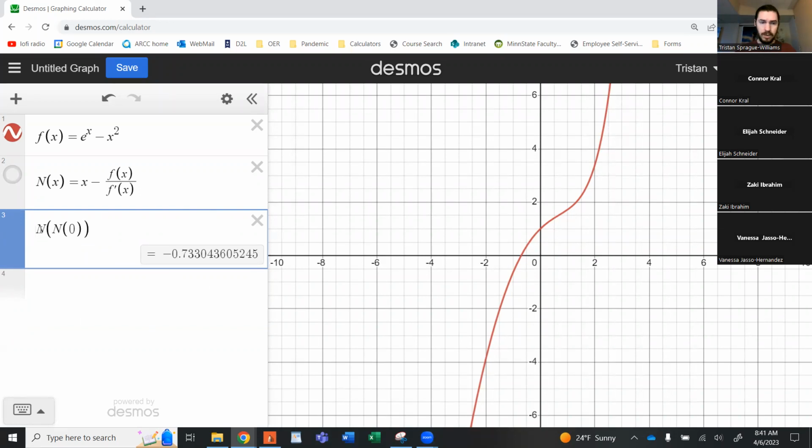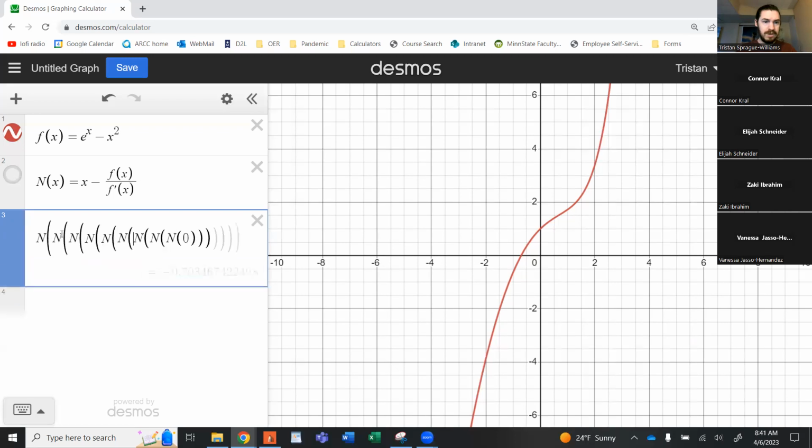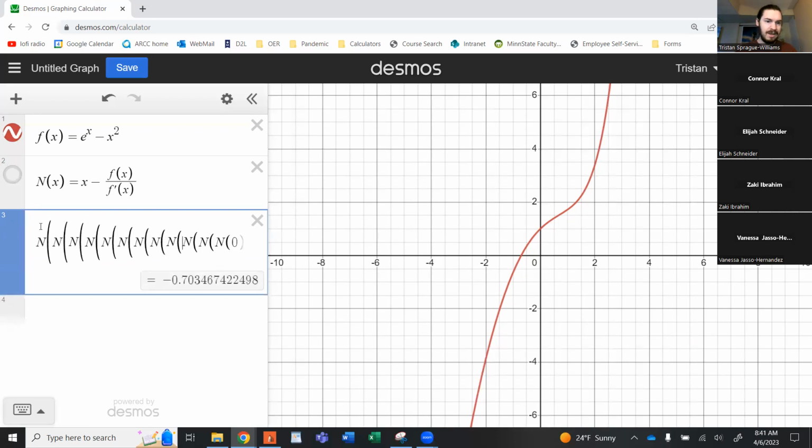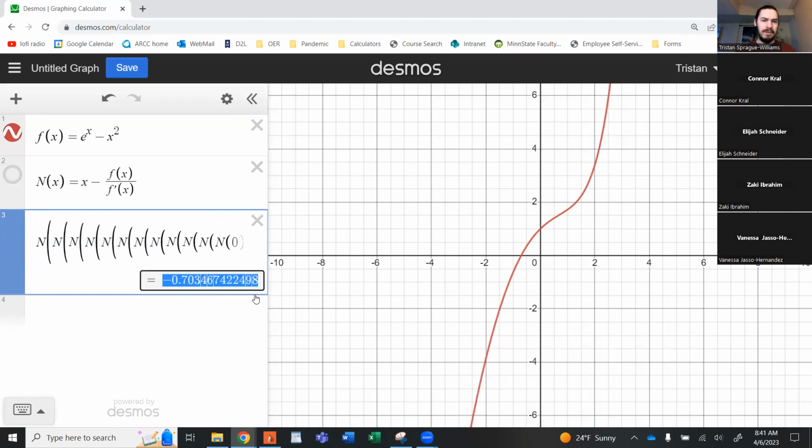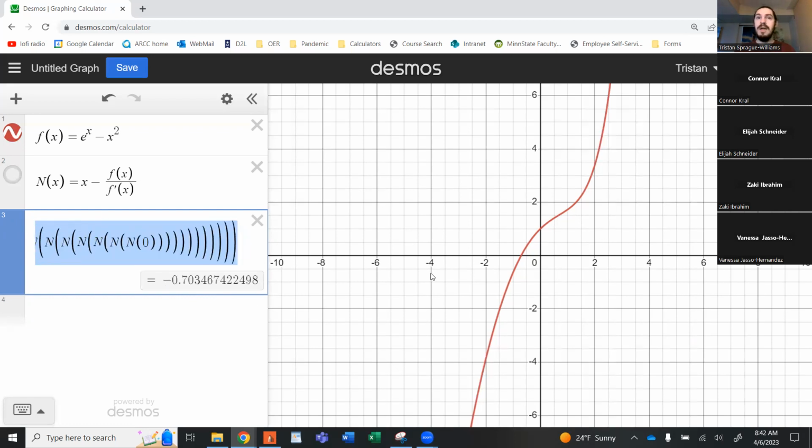-0.733. Do another one, n of n of n of 0: -0.7038. That was the next number we got, right? So you can literally just do this as many times as you want, and this is equivalent to applying Newton's method over and over to get successively better approximations.